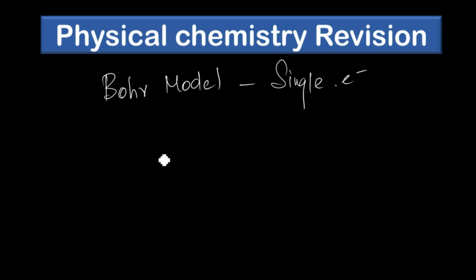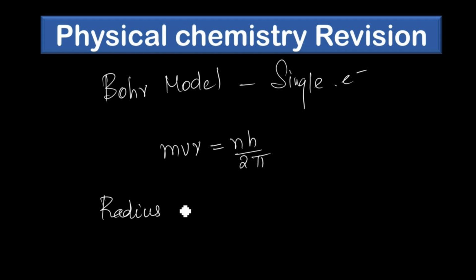Here you can see mvr equals nh by 2 pi, right? For finding the radius of the Bohr orbit, you can use the formula r is equal to n squared a naught by Z. These are important, guys.